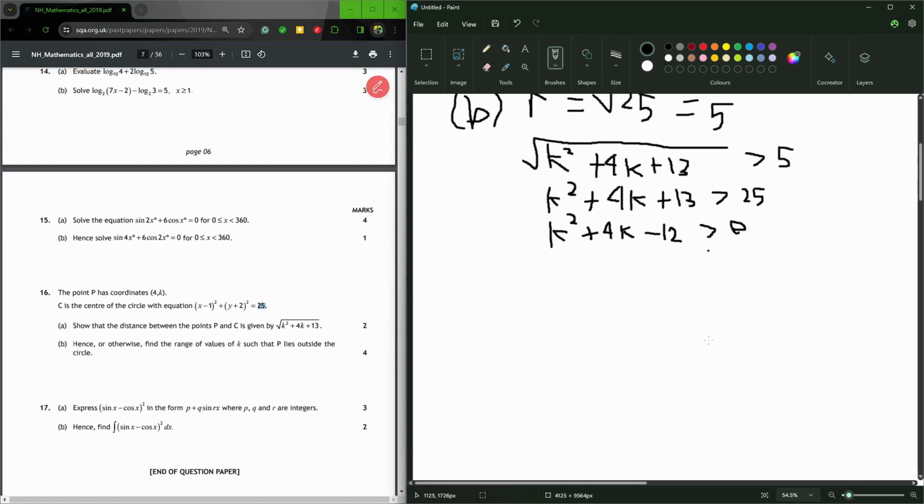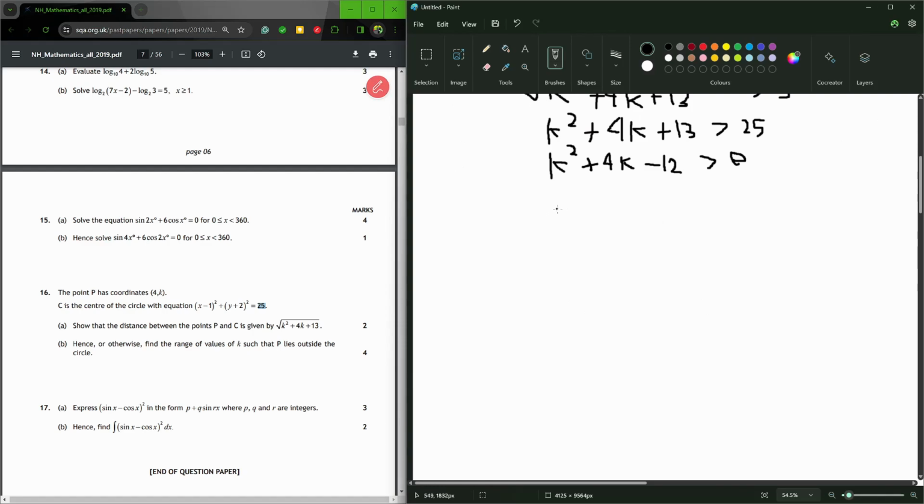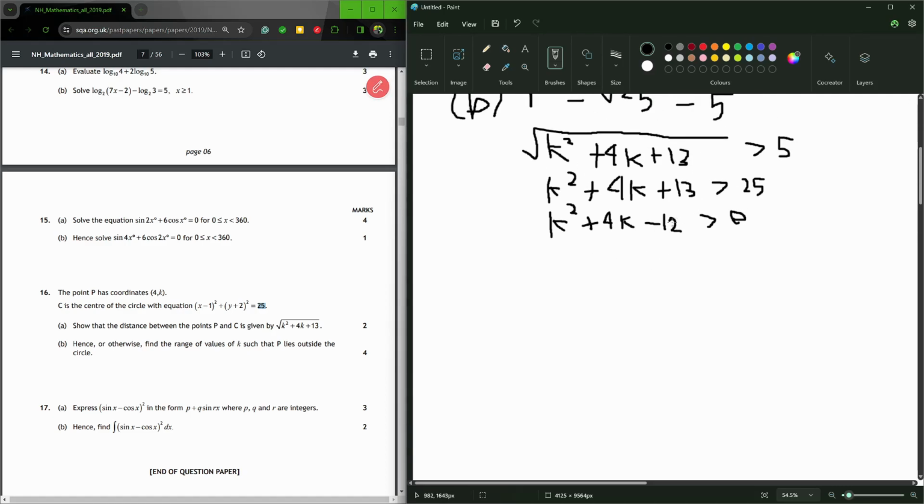So, when we do this, we're going to factorize just like usual. We need to find numbers that multiply to make minus 12 and add to get plus 4. And 12 has got loads of different factors, so let's have a wee think about that. I'm thinking 2 and 6 sound good to me, right?